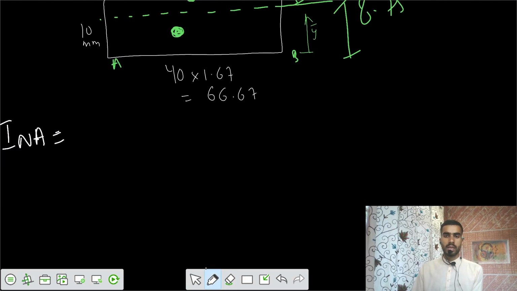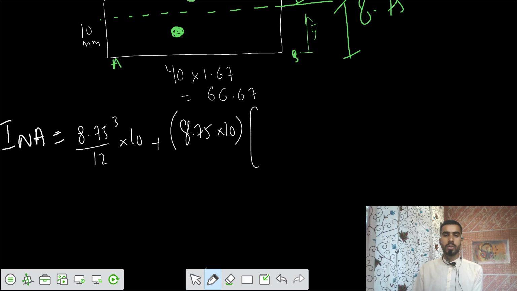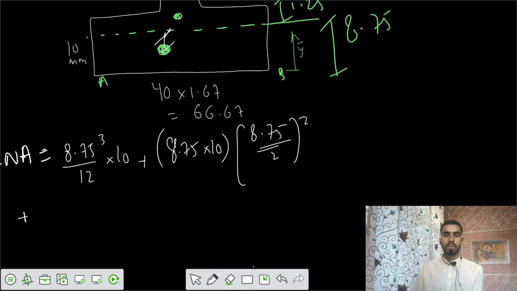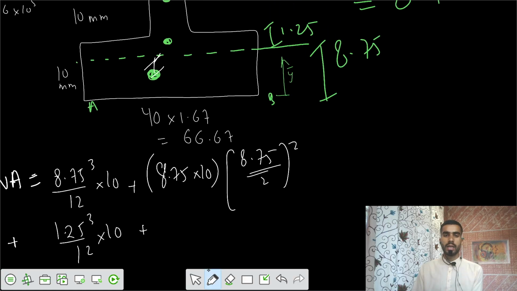We can write bd cube by 12 plus A d square, with d square for the first area. Then you have the small depth of 1.25, with bd cube by 12, plus its centroid at some distance d2, so 1.25 into 10 into (1.25 by 2) whole square.